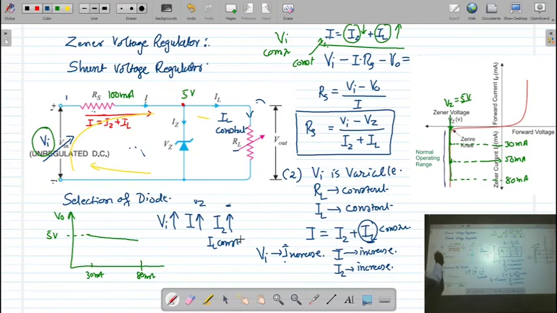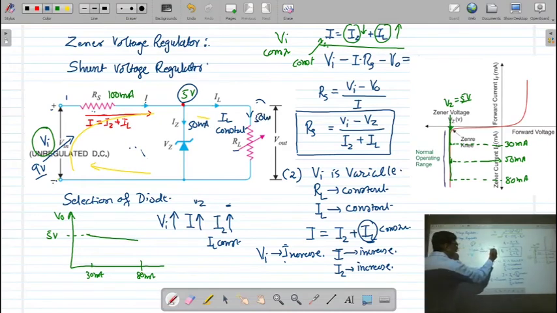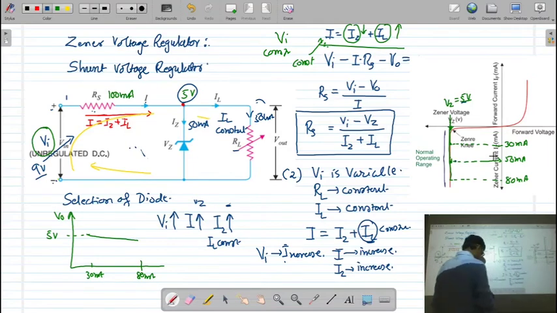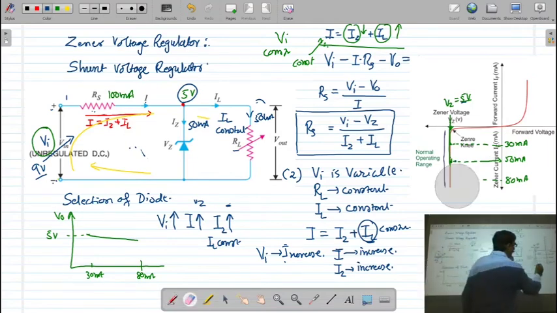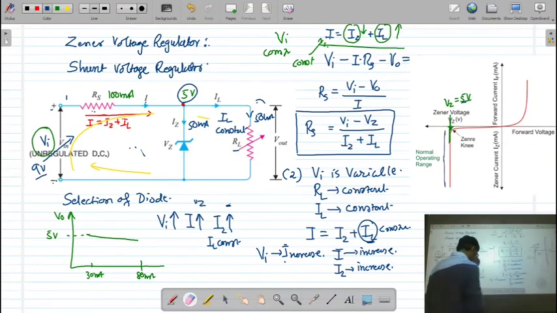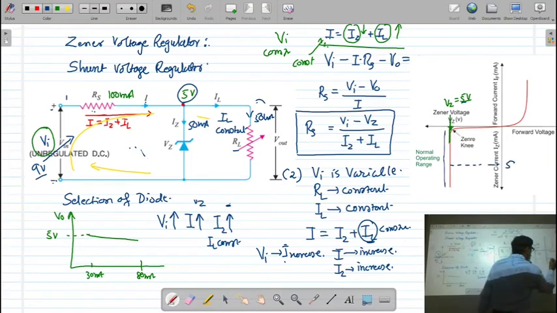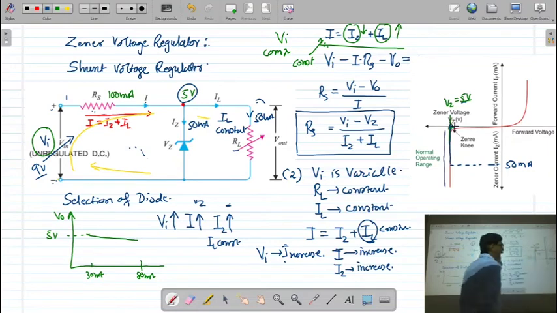Let us say my input voltage is 9 volt, zener voltage is 5 volt. Here 50 milliampere current is there, and at that time my output voltage is 5 volts. Correct?